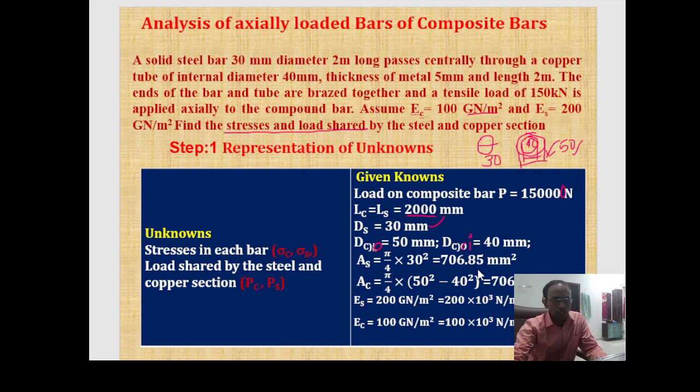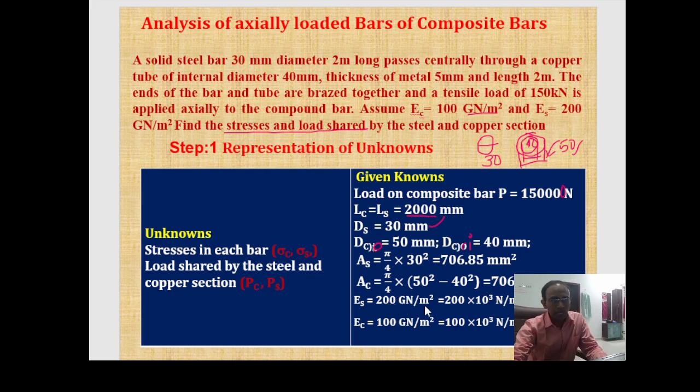Here is a very important point: whenever we are substituting, make it in consistent units, preferably because we express finally stress in general in Newton per mm square. Convert the force units to Newton and your area or length units to mm. That makes the problem simple.